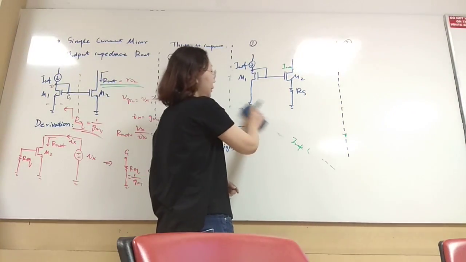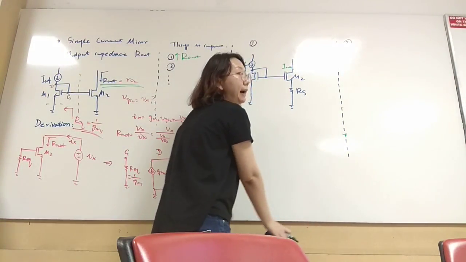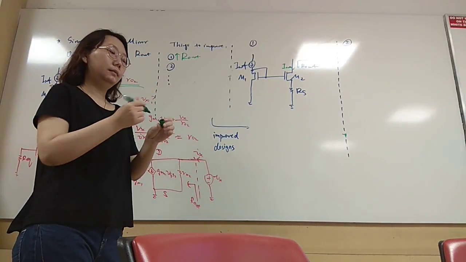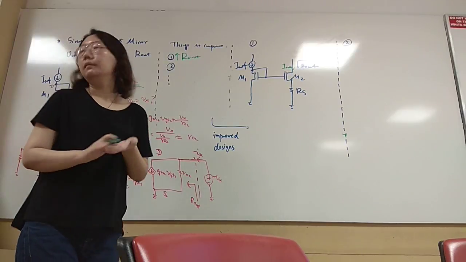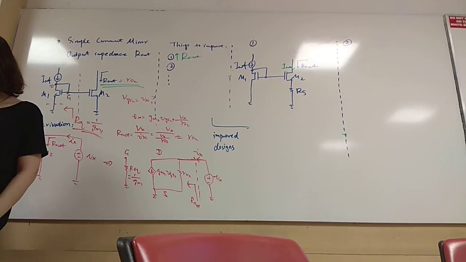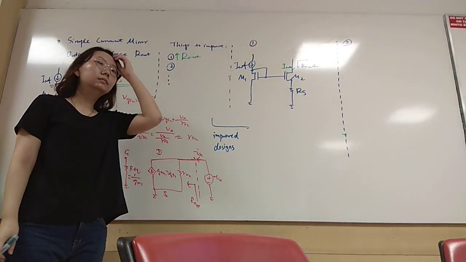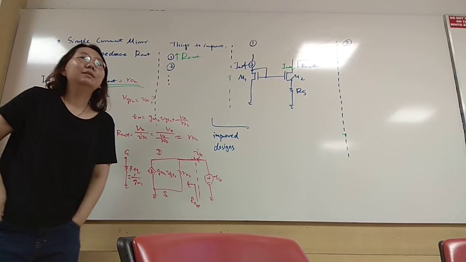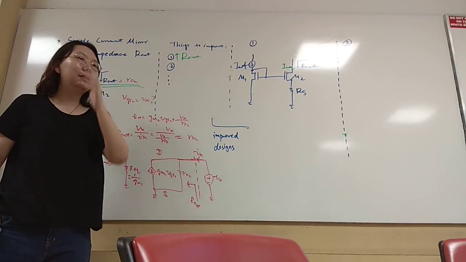It doesn't matter as long as you can find the relationship between your I out and I ref. So what's the current mirror ratio? What's the relationship between your output current and input current?